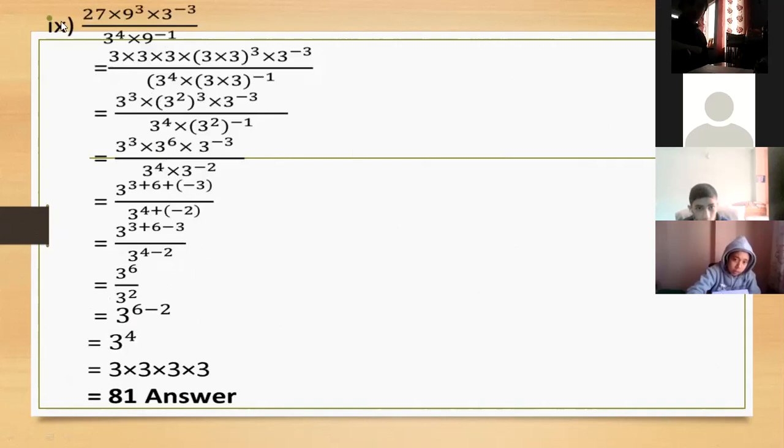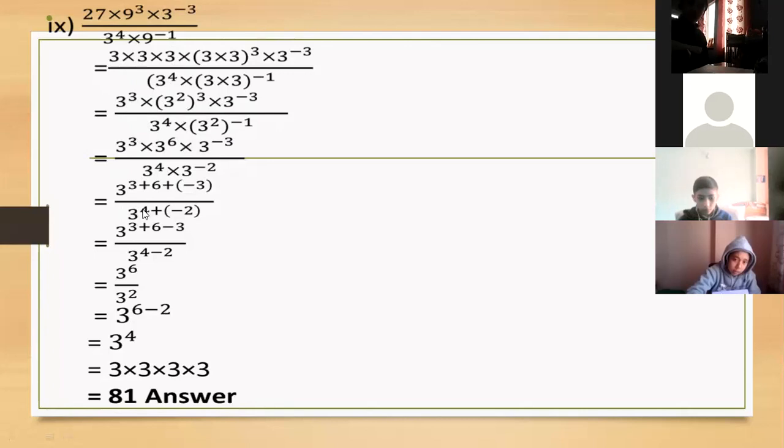Now number 9, look there. In 27, you have to write 3 cube. 27 means 3 into 3 into 3, 3 times, so 3 cube. 9 means 3 square. And all the bases are same, so we write only one base and add their power.